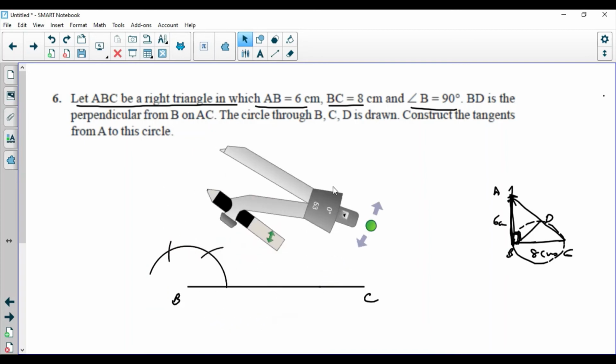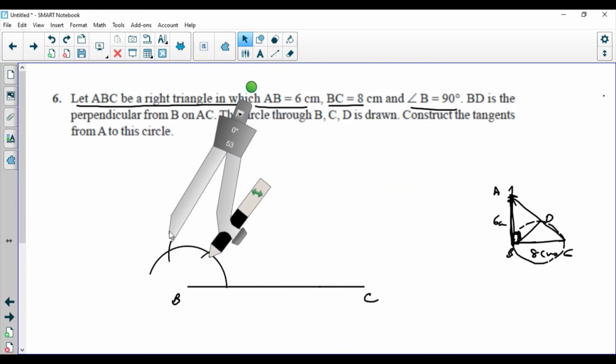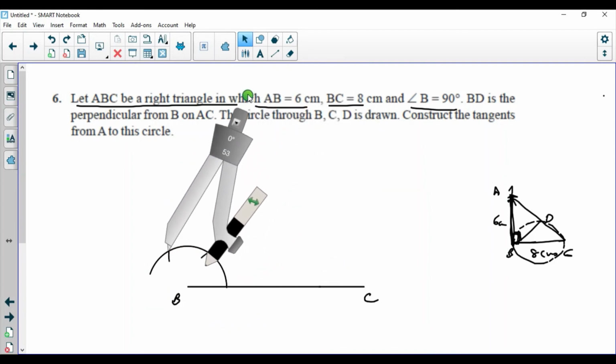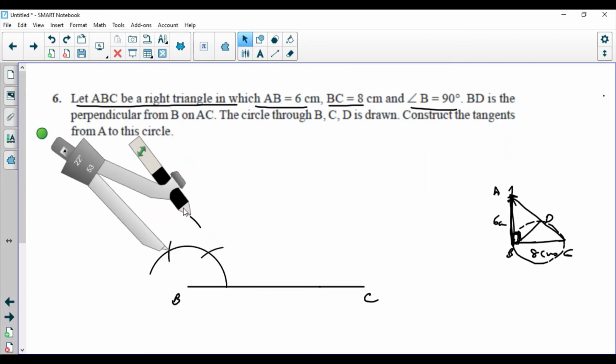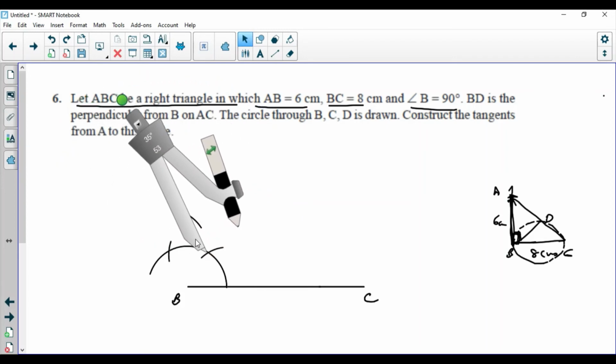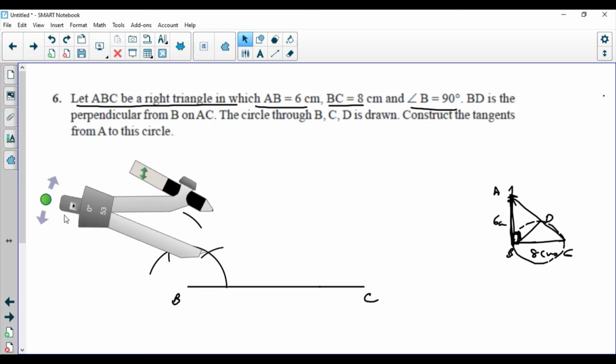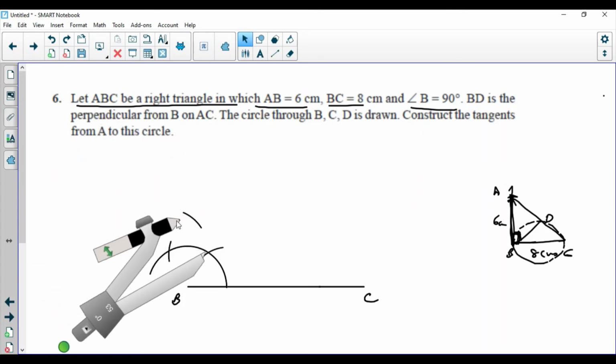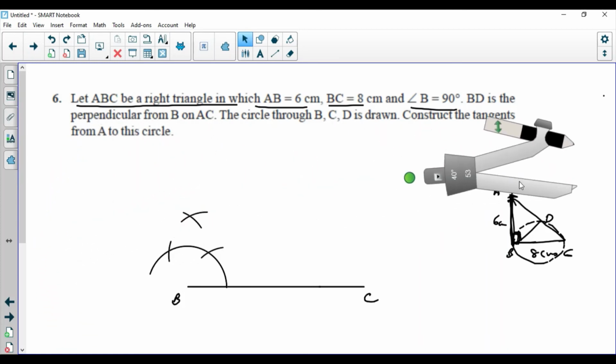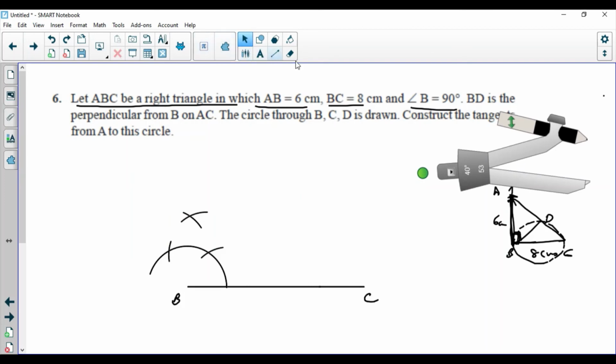Bisect them to get the 90 degree. So this is our 90 degree.